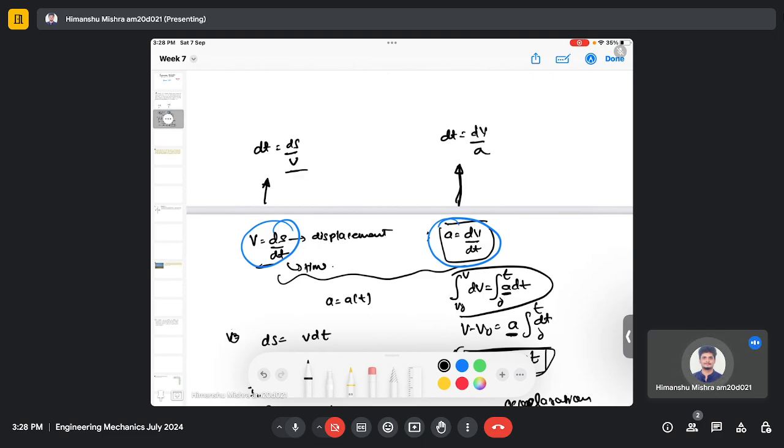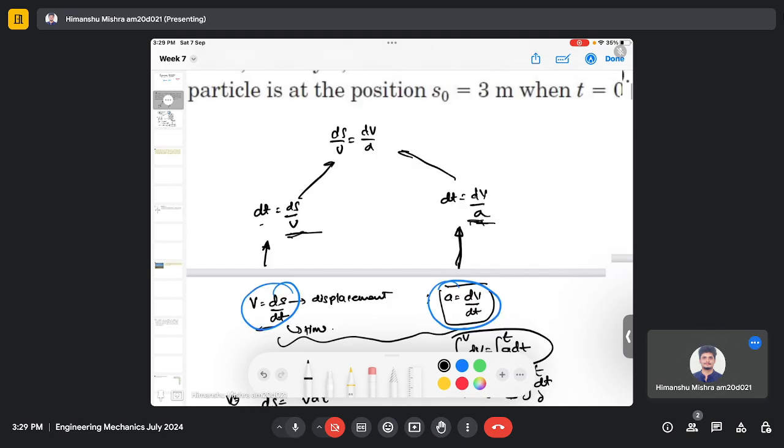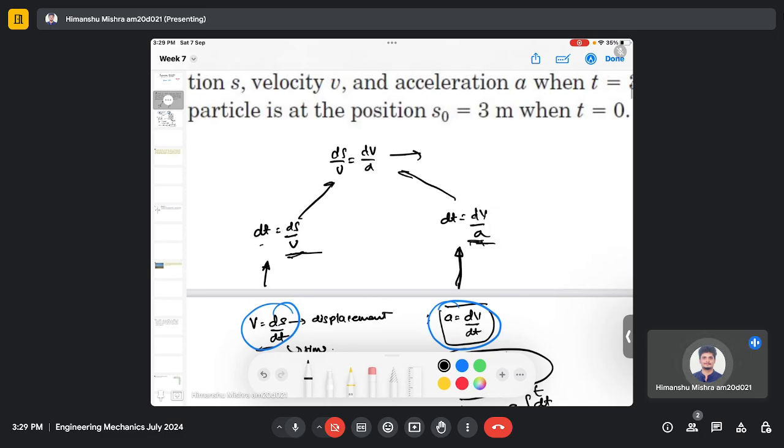You know this and this both give the small change in time, so I can equate these together. So it will be ds by v equals dv by a.